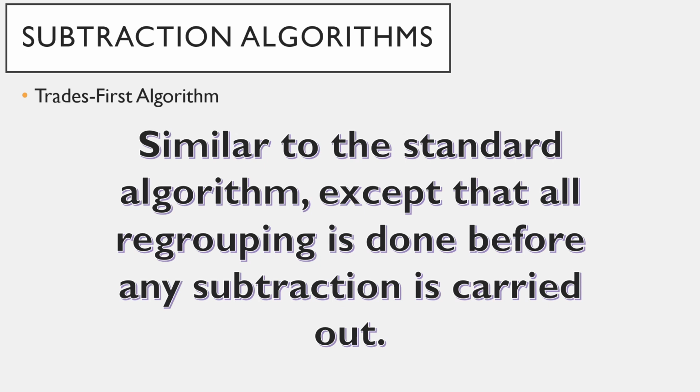So you want to start by looking at the problem and determining, is there going to be any regrouping that I have to do, and if there is, I'm going to do that first. This method is specifically good for problems where you need to regroup or borrow from your neighbor.